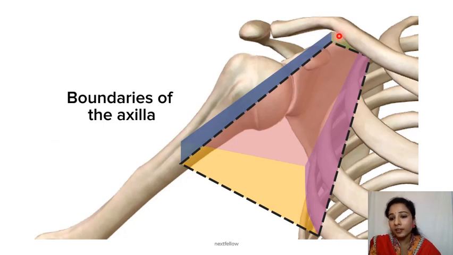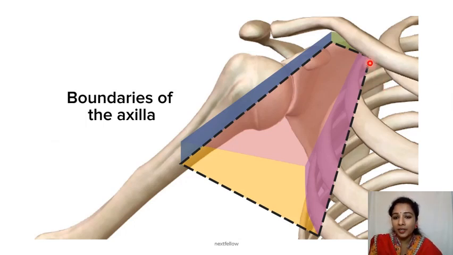Apex is otherwise called the cervico-axillary canal because many structures enter from the neck into the axilla, that is the brachial plexus and axillary artery, and the axillary vein from the upper limb passes through the cervico-axillary canal, that is the apex of the axilla. So cervico-axillary canal is like a gateway into the axilla.